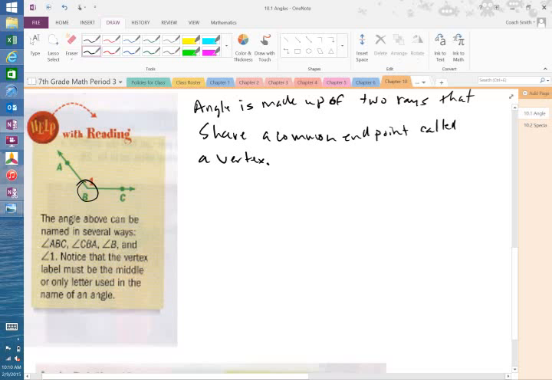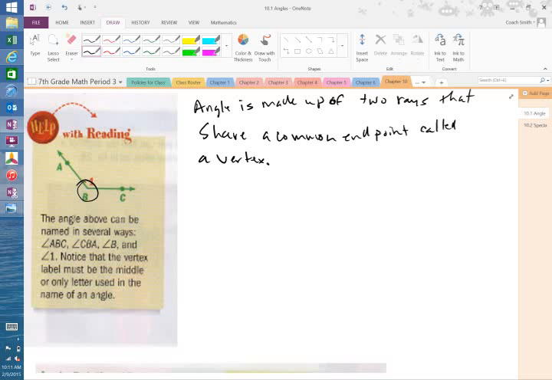So when you're naming an angle, the angle above can be named in several ways: angle ABC, angle CBA, the opposite, angle B, and angle 1. Notice that the vertex label must be the middle or only letter used in the name of an angle.